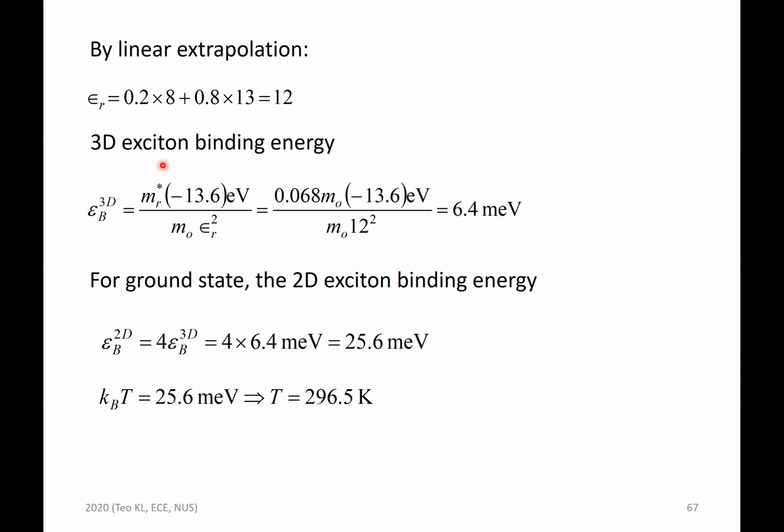With the 3D exciton binding energy, reduced mass calculated, dielectric constant calculated, you get 6.4 meV. So for the ground state in 2D, you just need to multiply by 4, and that gives you 25.6 meV.